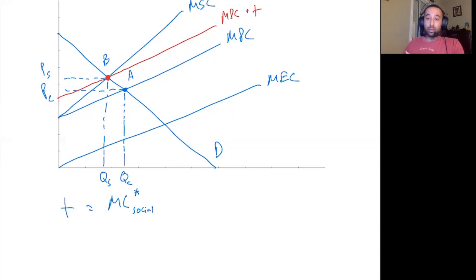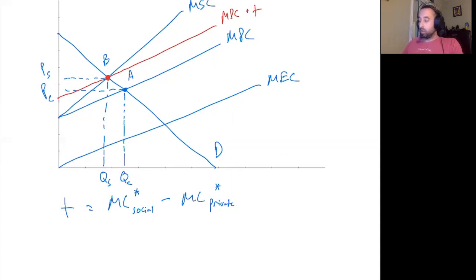And so this is actually a number. It's not a curve, because I want to actually evaluate the marginal social cost at the socially optimal quantity minus the marginal private cost at the socially optimal quantity as well.